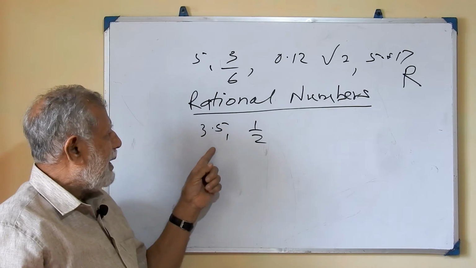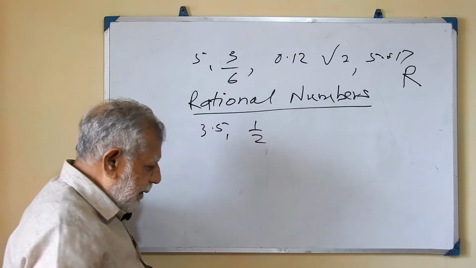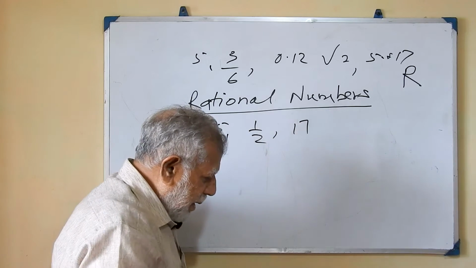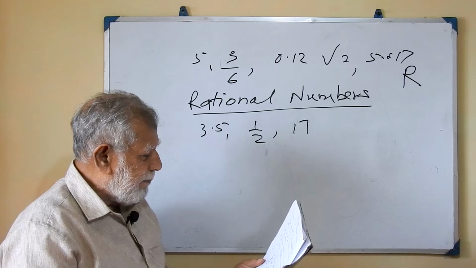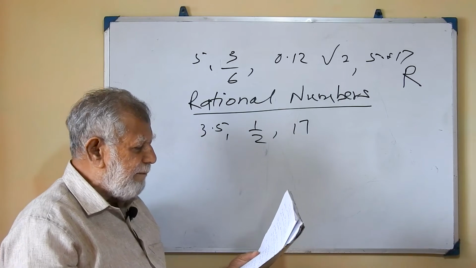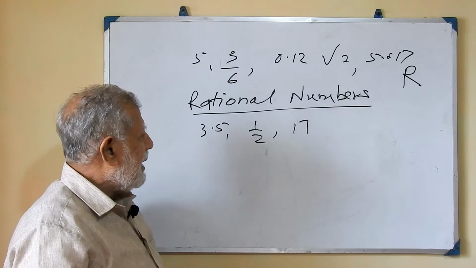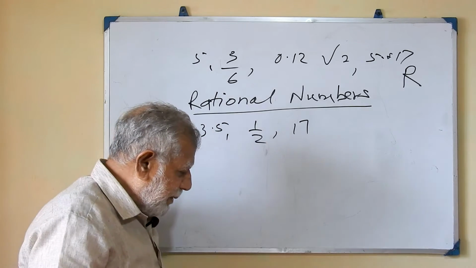That is 35 upon 10. Half: numerator 1, denominator 2. So we can write 17, a whole number, as a fraction. For all these numbers, the value can be written down as a fraction. Any rational number we can write as a fraction. How is 17 a fraction? 17 upon 1.